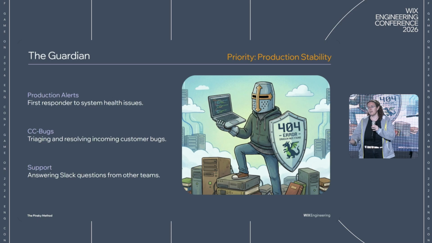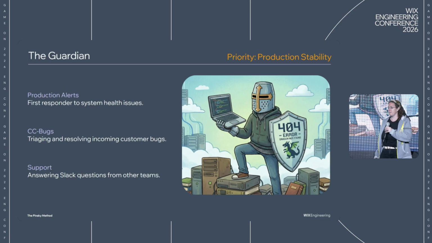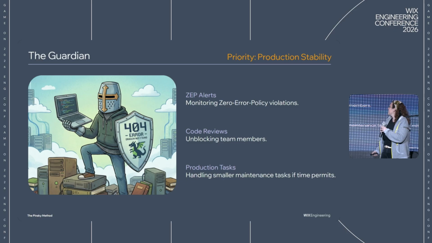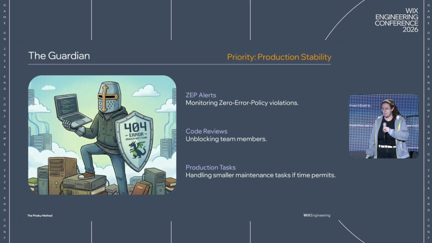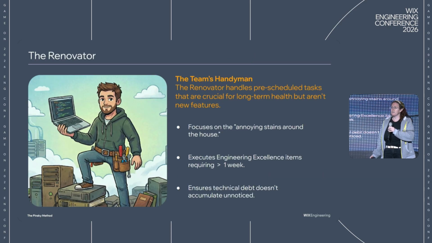So it is also important for us to give quick answers to them. And then we have other things like zero error policy alerts, code reviews for other teams. And if the guardian has time, then he takes all kind of small production tasks that we have to improve our production.